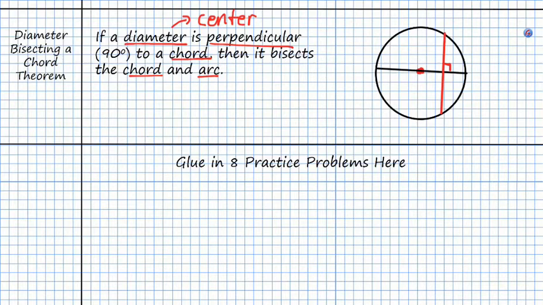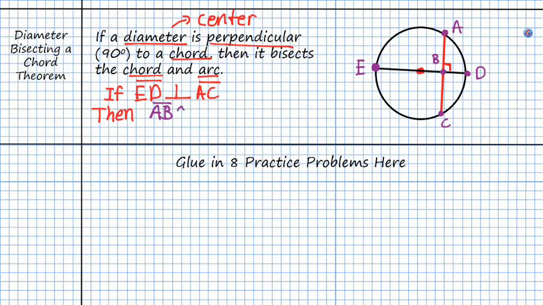let's name all these points. So we will write this as: if ED is perpendicular to AC, then AB, well, it's going to bisect AC, right?